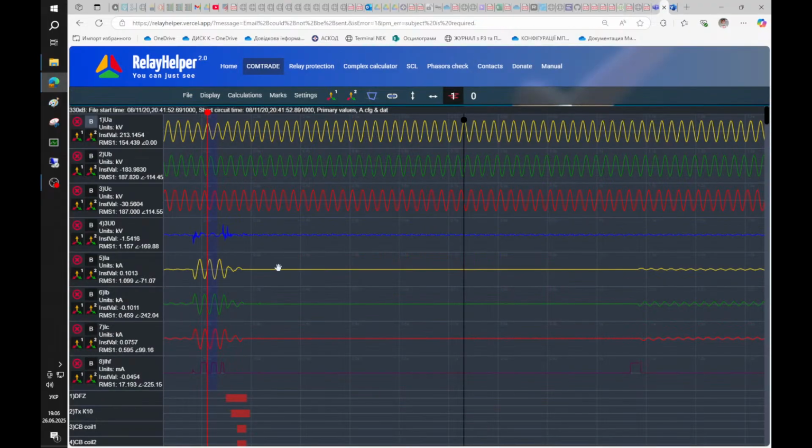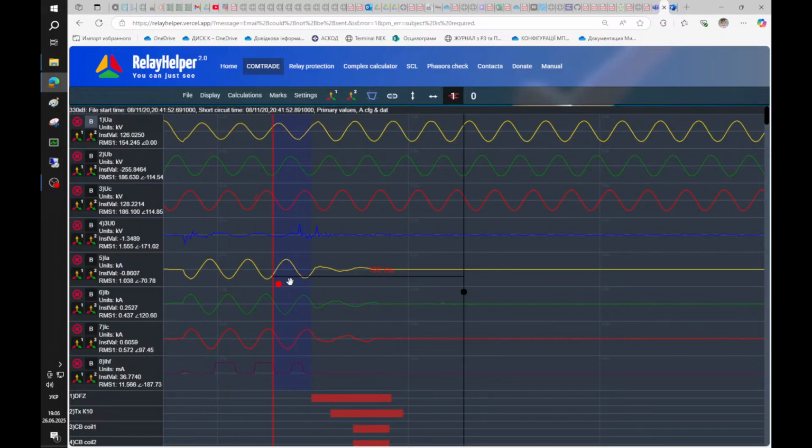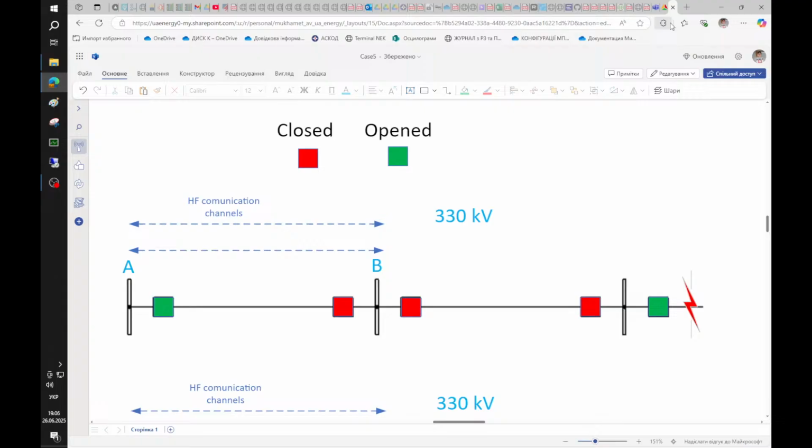Also we can see that current disappears, but voltages are present in the record. If we look closely, we can see that here we already cleared the fault, so that's the time this circuit breaker was opened.